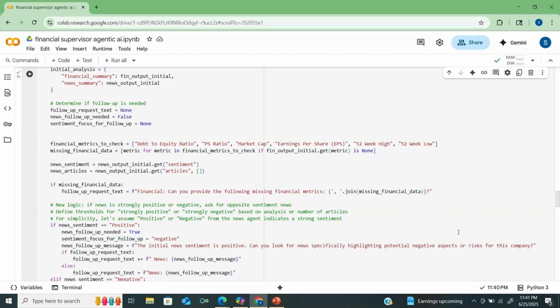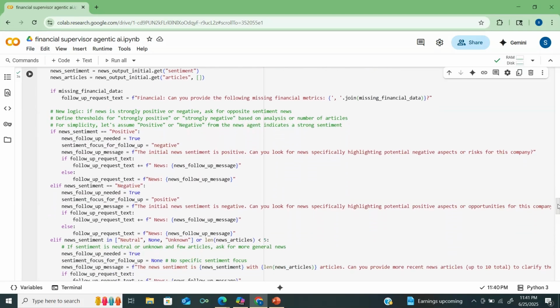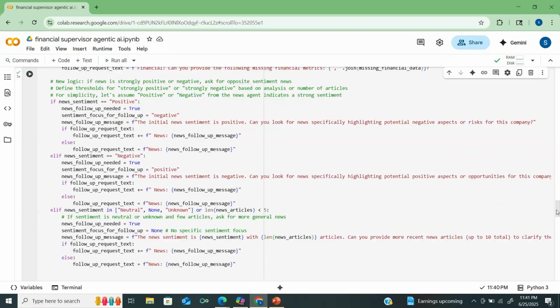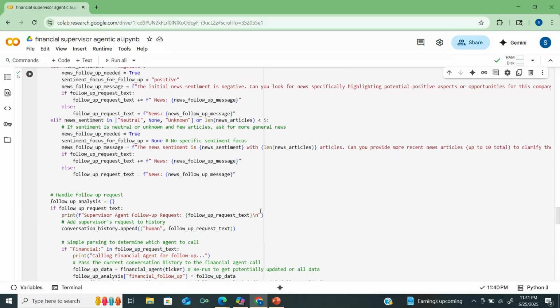If the news agent has provided completely negative news, then the supervisor agent will follow up for positive news also. And the same for the financial agent, if it misses any financial metrics, it will make a follow-up request to provide the complete data.